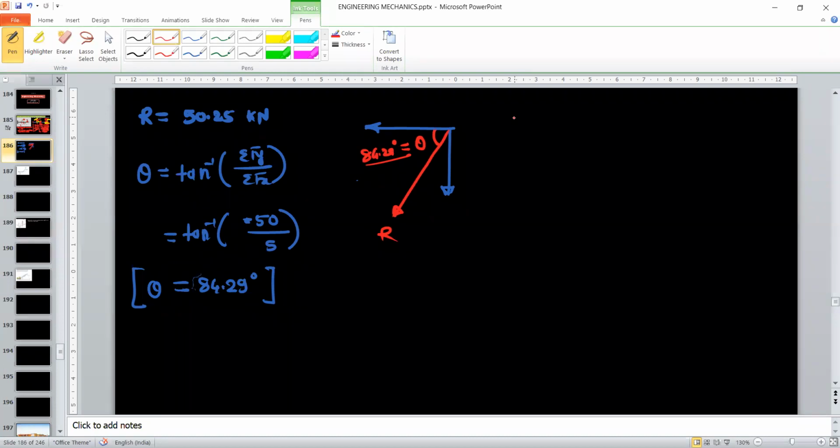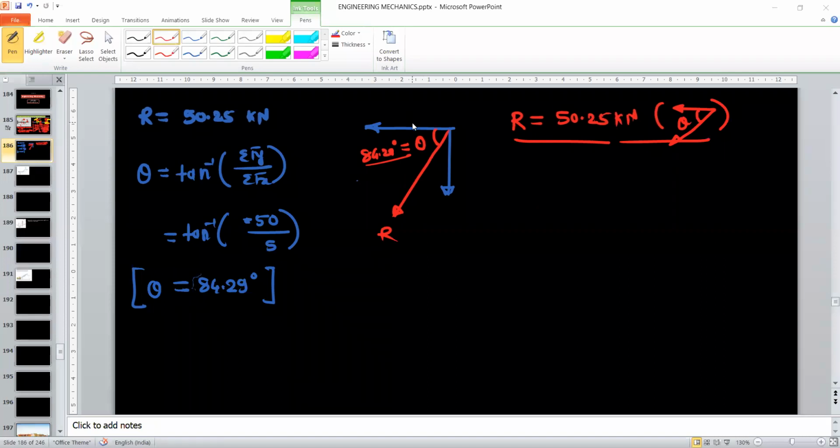So you represent the resultant as R is equal to 50.25 kilonewton and its angle is specified like this. This is negative x-axis and this is the resultant and this is angle theta. So you can give the value theta is equal to 84.29 degree. This is the representation of the resultant.